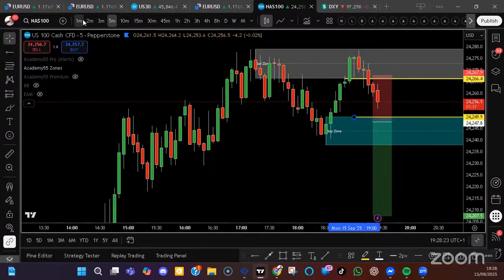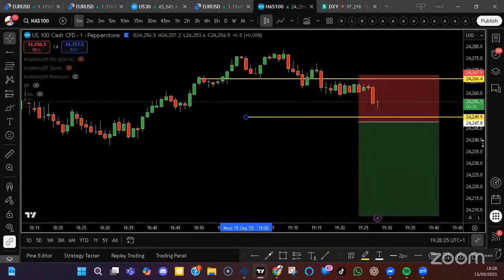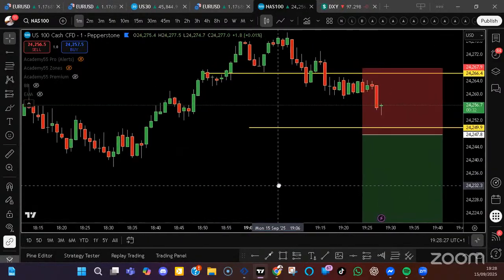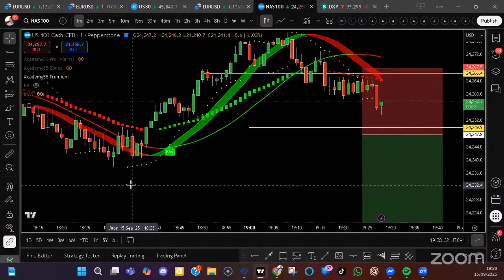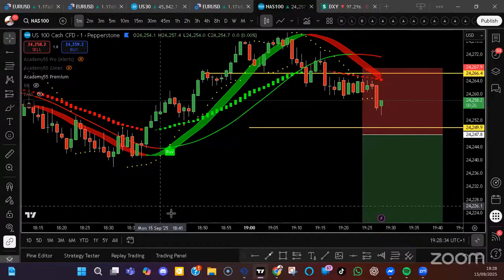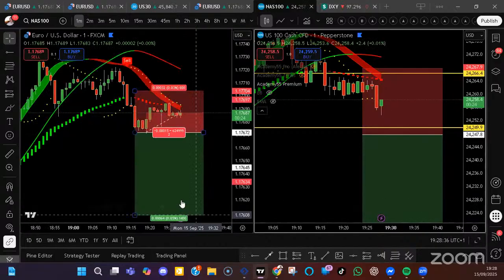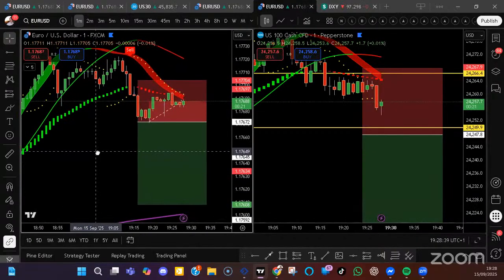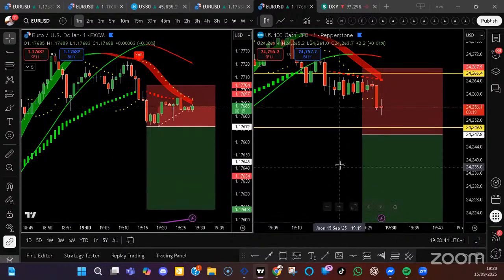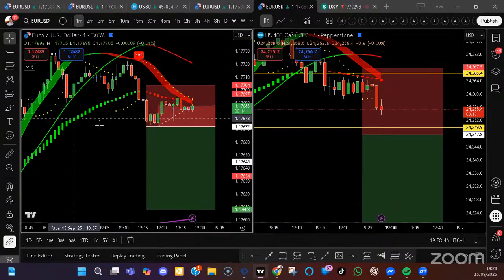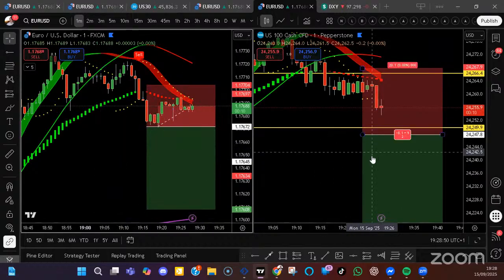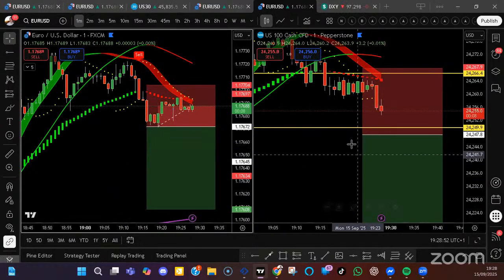So really, I wouldn't want to be taking a sell, but we'll keep it marked up anyway, so we can keep an eye on the US 100, also the EUR USD. That's the EUR USD, this one here. And this one is the US 100. That's the buy zone and the sell zone.